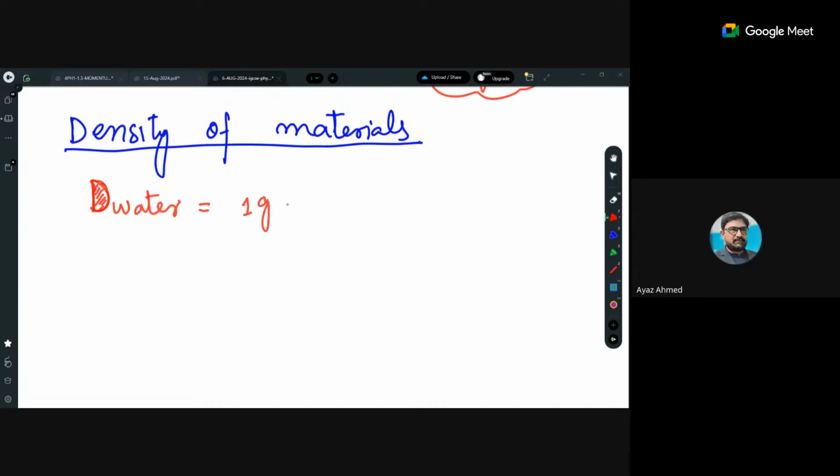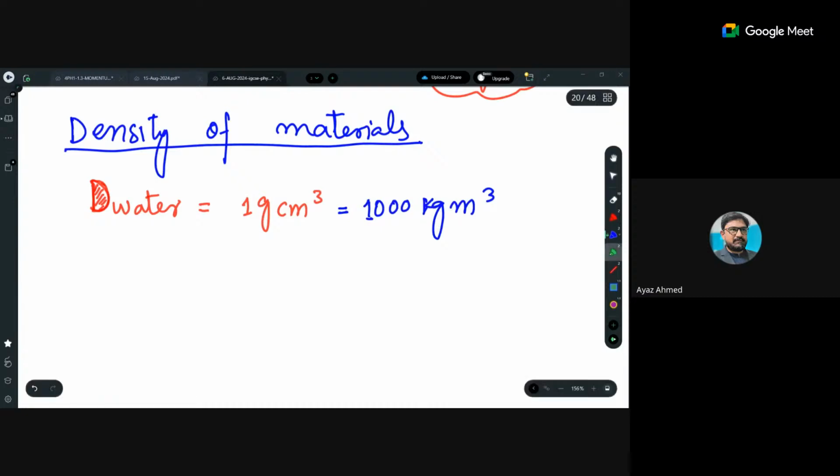Yes, 1 gram per cubic centimeter. And in your questions, it is also given as 1000 kg per cubic meter, if you remember that.